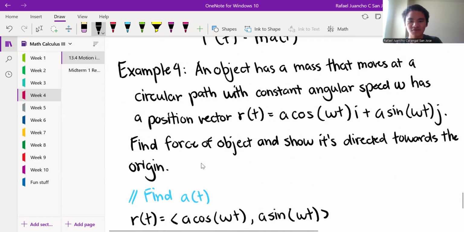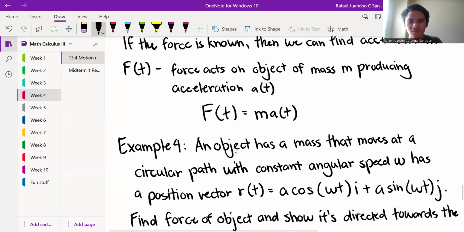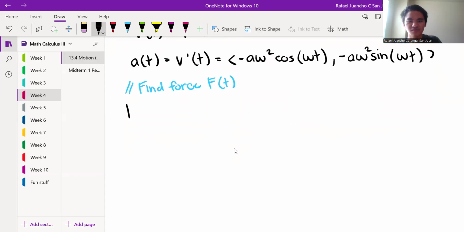Now we can find our force. So now let's find force. We'll call it F of t. So now my F of t is just my mass times my vector here, right?